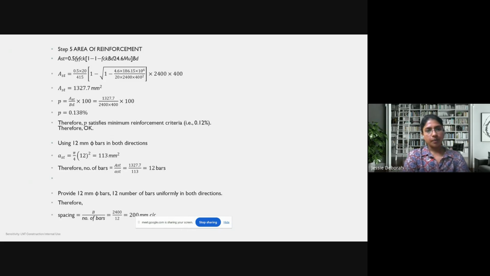Ast is equal to 0.5 fck by fy into 1 minus root over, 1 minus, this is the formula. Now, we will substitute all our values.